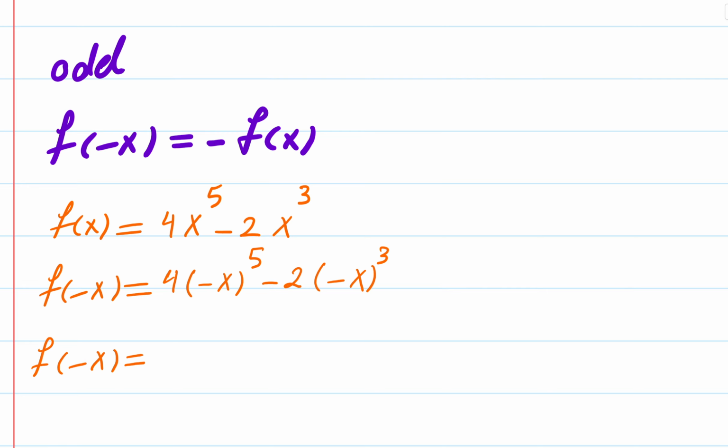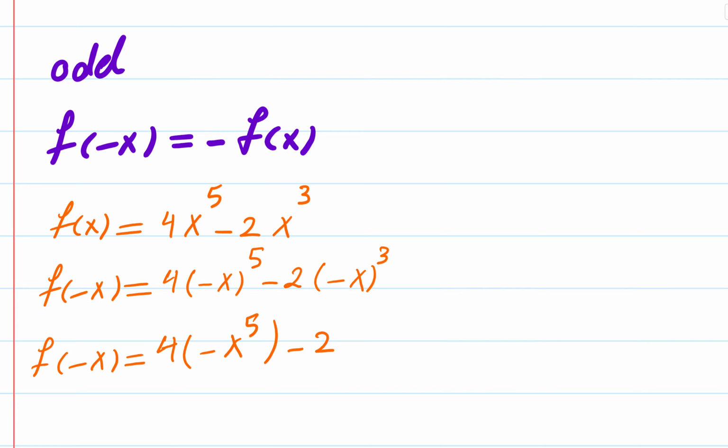So f of negative x is 4 times, based on the formula that I mentioned earlier, negative x to the power 5, because 5 is odd, right? It is negative x to the power 5, minus 2, and then we have power 3 of negative x.